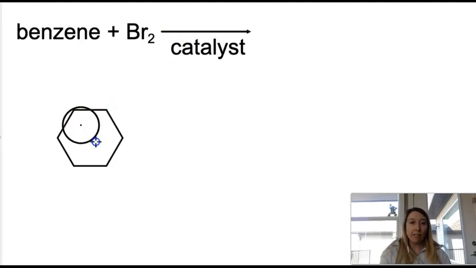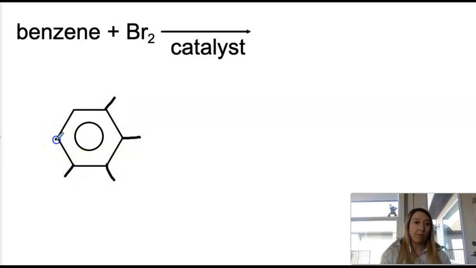And then, because it's benzene, we put the circle into the middle of it, and that indicates that we have those alternating single double bonds. So again, even though it's not indicated, we want to make sure that we are aware that in each one of these spots, we have a hydrogen.